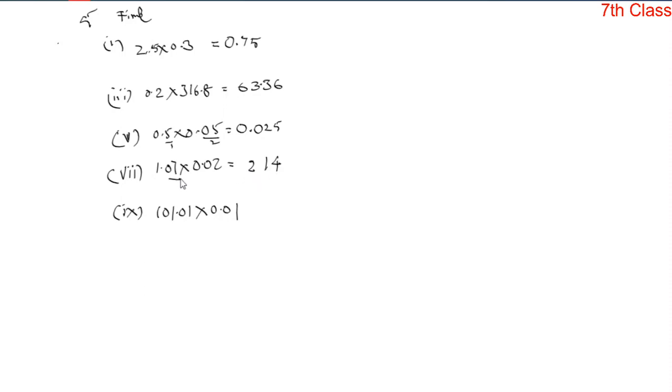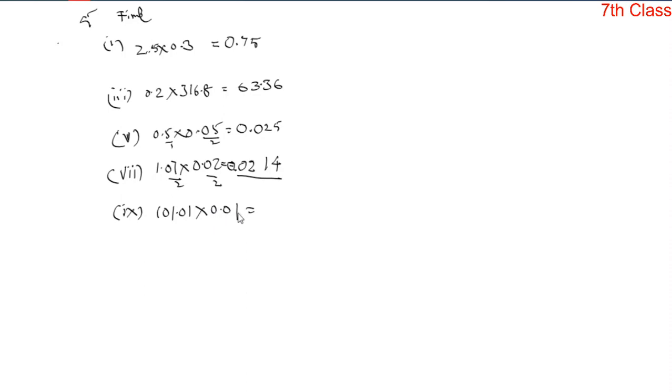Now how many digits are there? In the decimal part 2 digits are there. Total 4 digits. Count 4 digits from the right hand side. 1, 2, 3. Nothing is there. So put 0. Now 1, 2, 3, 4. Put point. That means 0.0214.